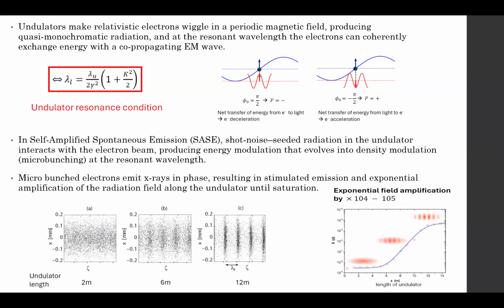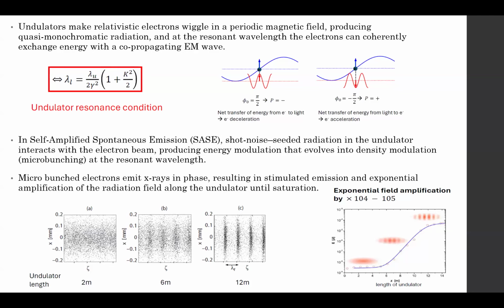condition. Again, if a small amplitude emission happens, due to the shot-noise-induced small radiation, and it interacts with the electron beam, then depending on the phase difference, it can either transfer energy from the electron beam to the radiation, or from the light to the electron beam.